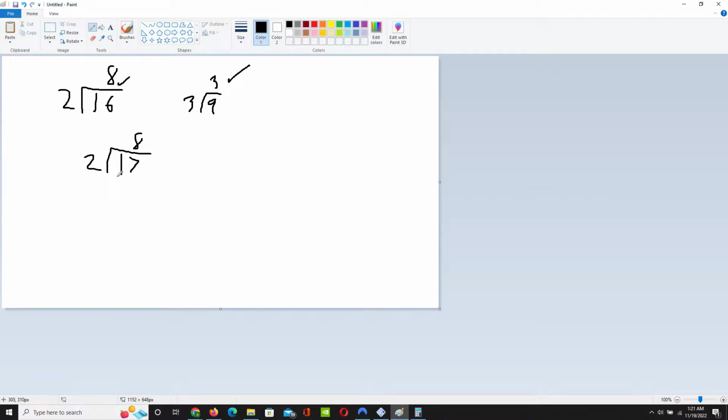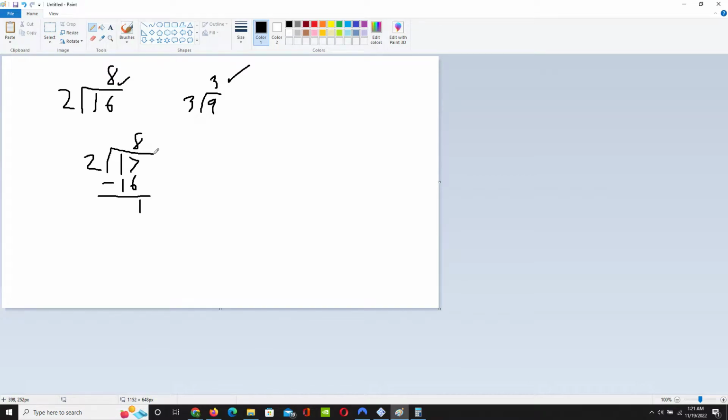It's bigger than 17. So the closest number below it is 16. We subtract that, and this is a remainder. So 17 divided by 2 is 8 with a remainder of 1.